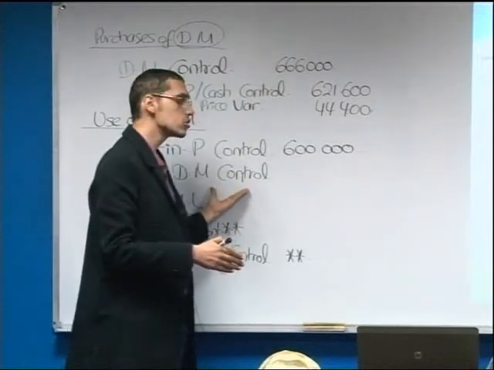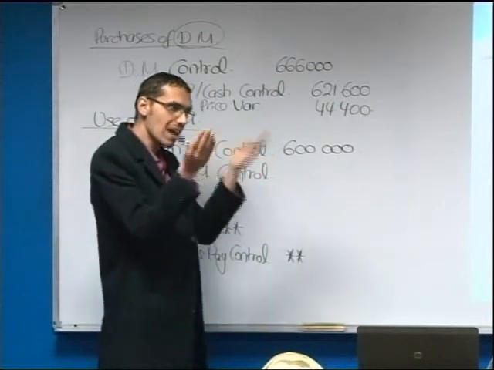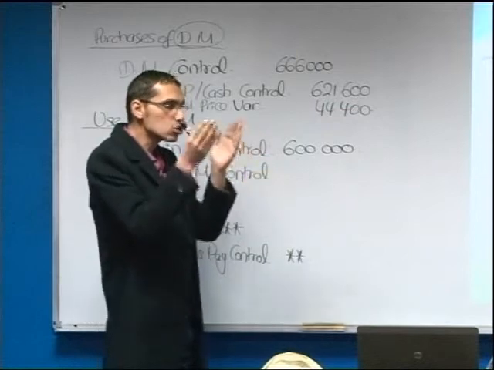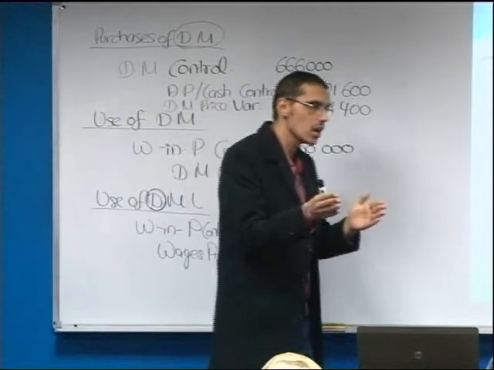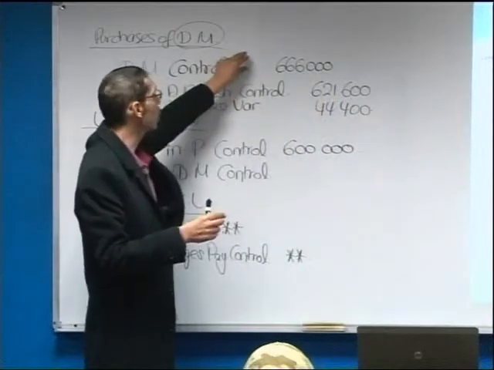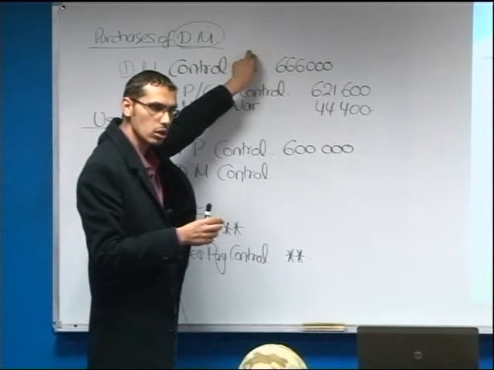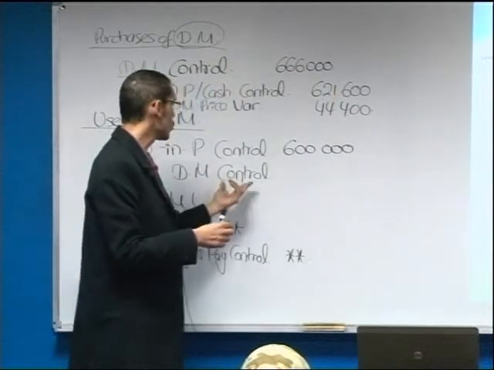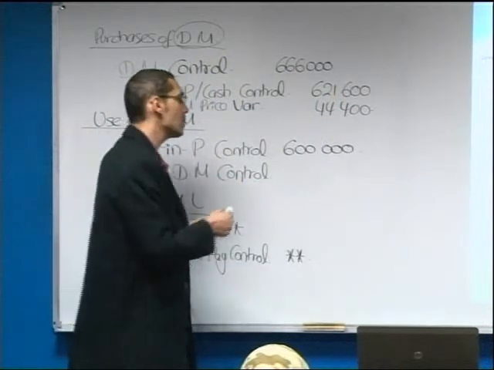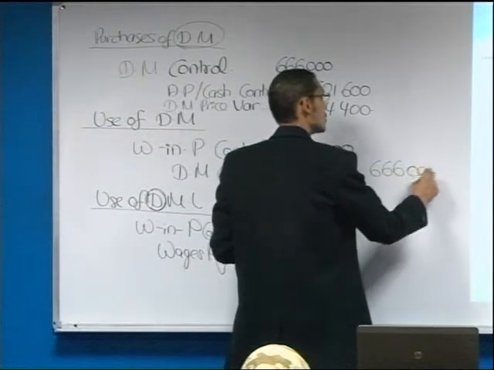Because we used in our manufacturing process exactly 22,200 square yards, correct? Therefore, we used up all the amount of the direct materials that is within the direct materials control. Therefore, we are going to credit the whole amount of $666,000.